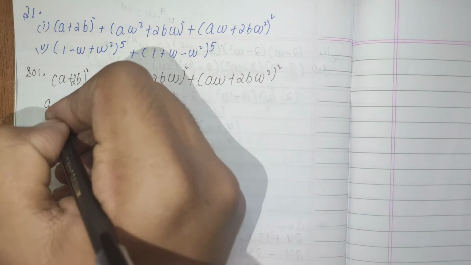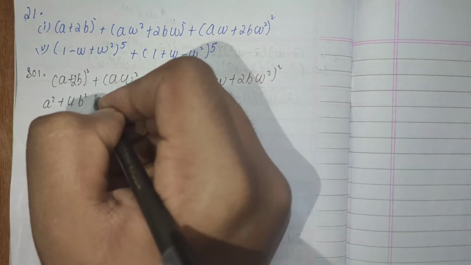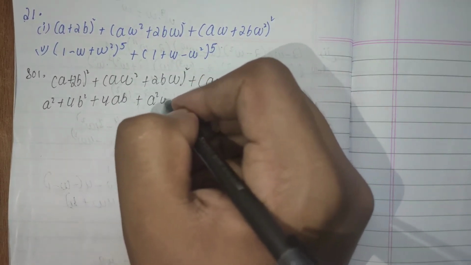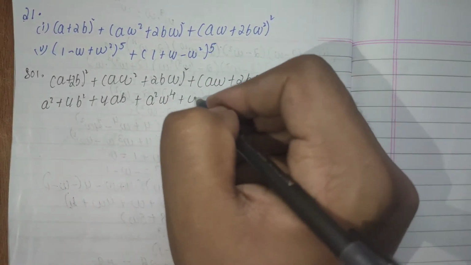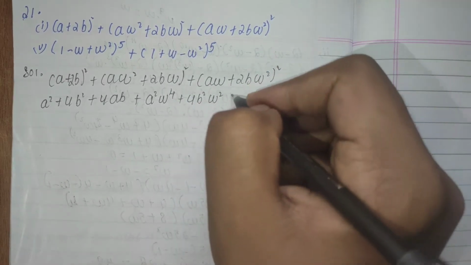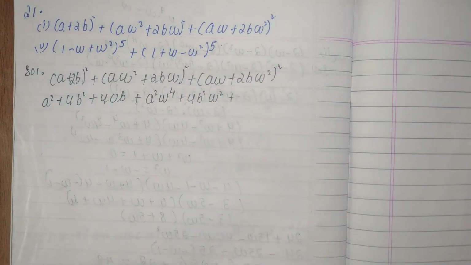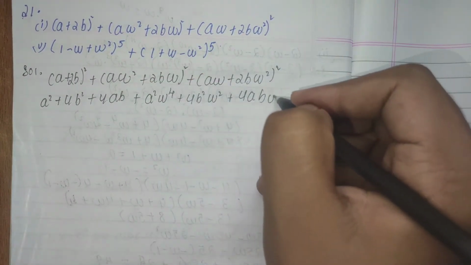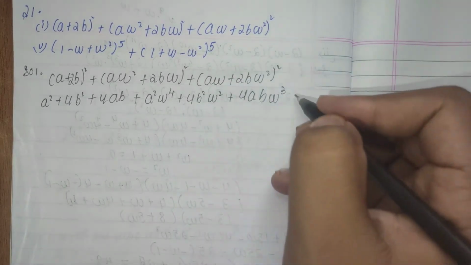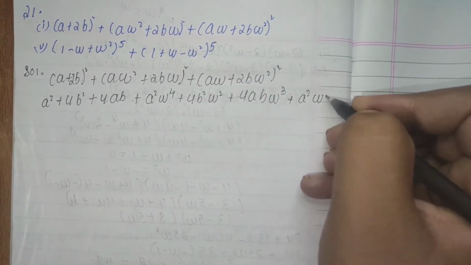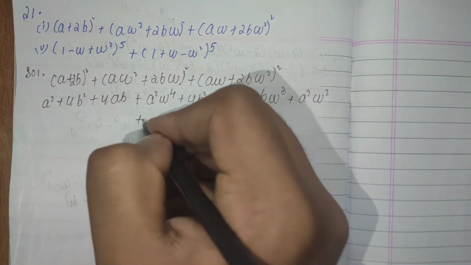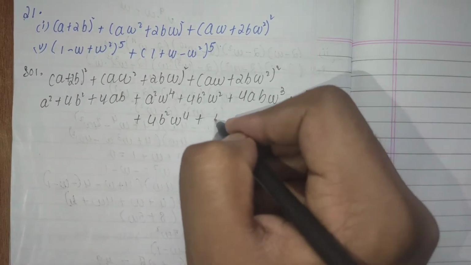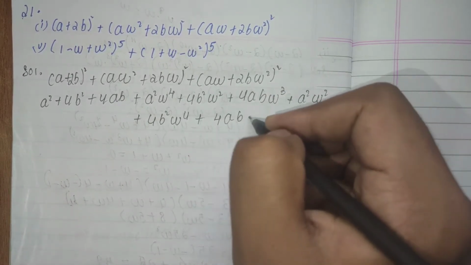So this is a square plus 4b square plus 4ab, plus this is a square whole power 4 plus 4b square omega square plus 4ab, this is omega square and omega cube. Now add this. This is omega square, a square omega square plus 4b square omega power 4 plus 4ab omega cube.